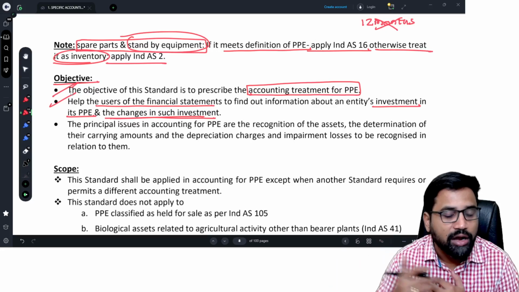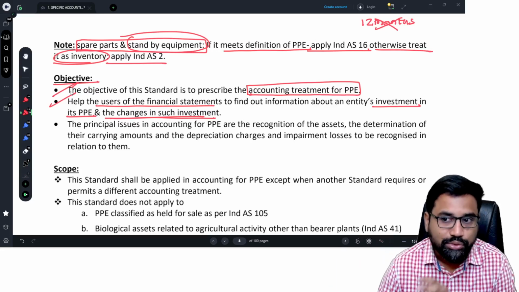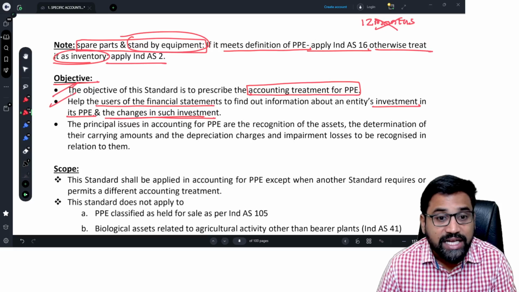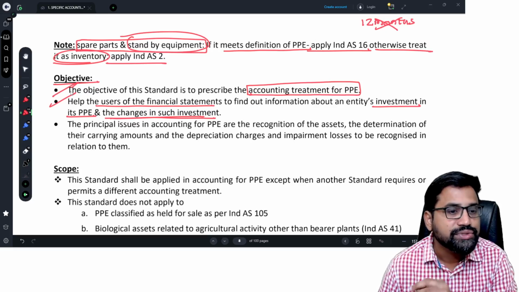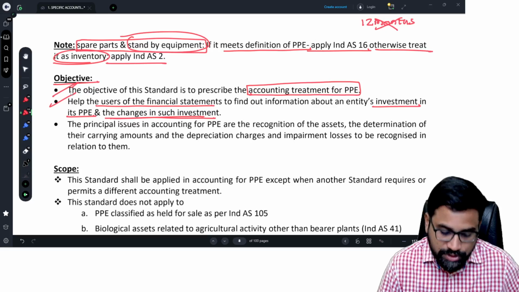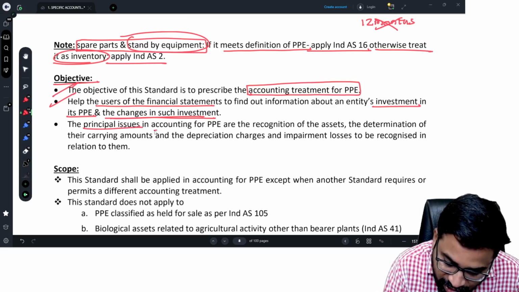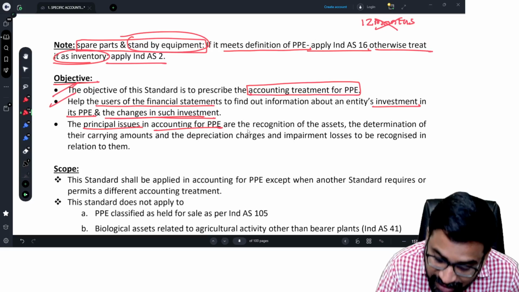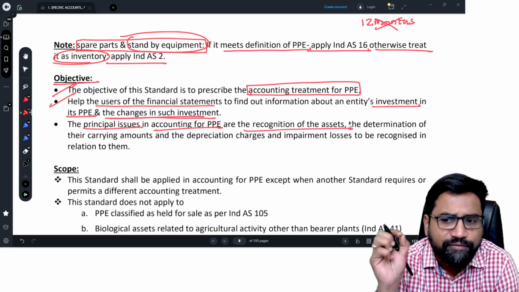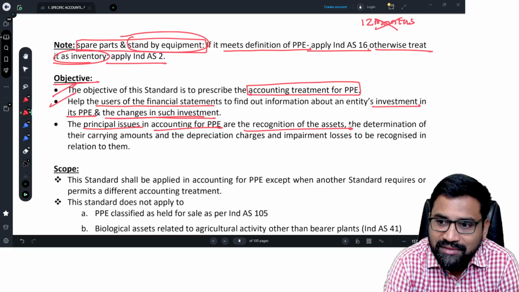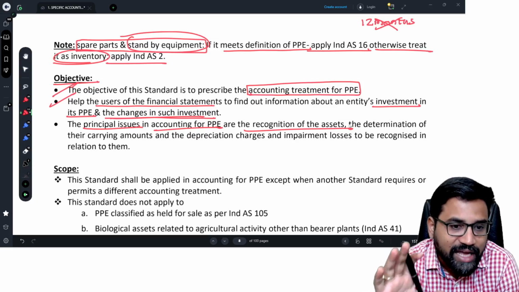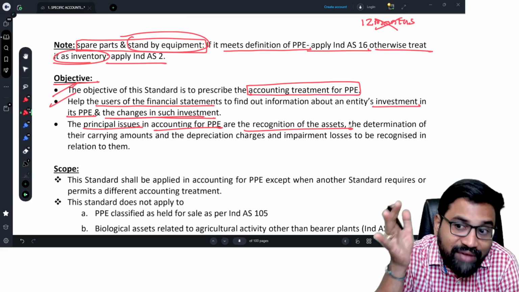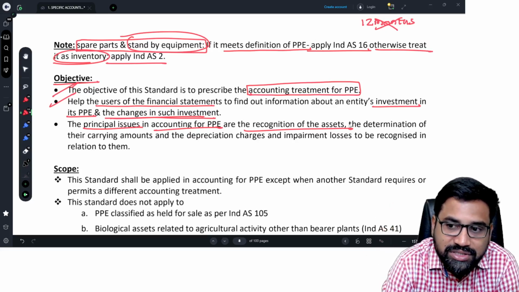Not only providing accounting treatment, this standard will also address certain principal issues relating to PPE. The principal issues in accounting for PPE are, like, recognition of assets. First of all, when will an asset be recognized? For example, an organization acquired a plant and machinery. When will that plant and machinery be recognized in the books?